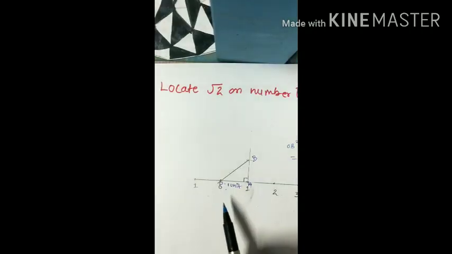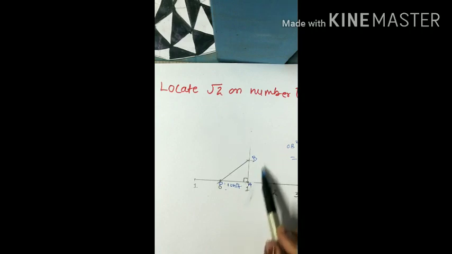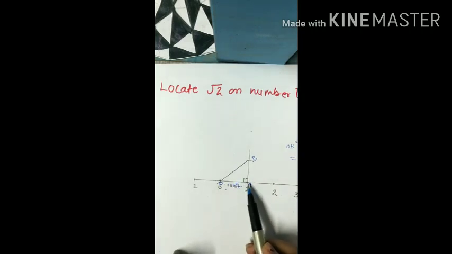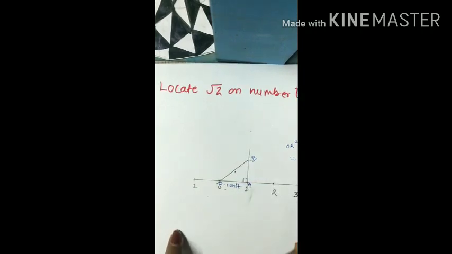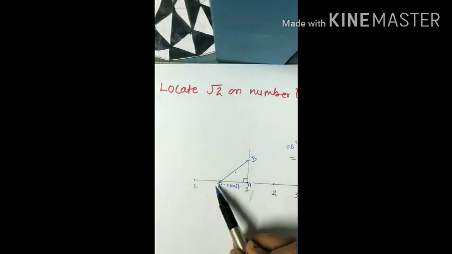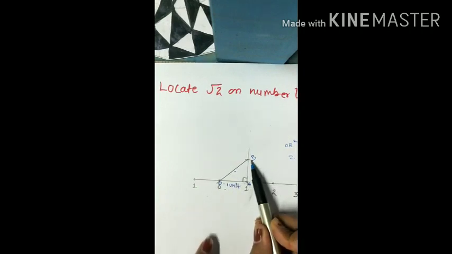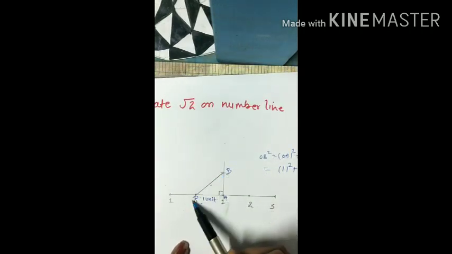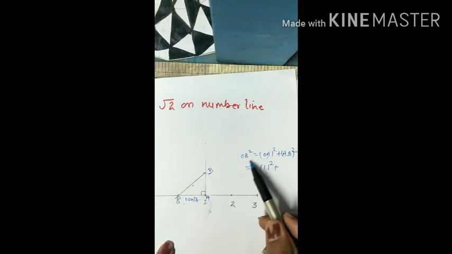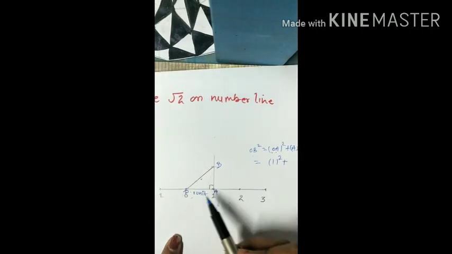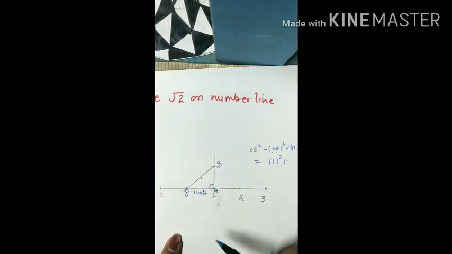As you know, children, triangle OAB is a right angle triangle and the side opposite to the right angle is the hypotenuse. So can we apply Pythagoras theorem? Yes. Here OB is the hypotenuse, so I can write OB square is equal to OA square plus AB square, means hypotenuse square is equal to the sum of squares of the other two sides.